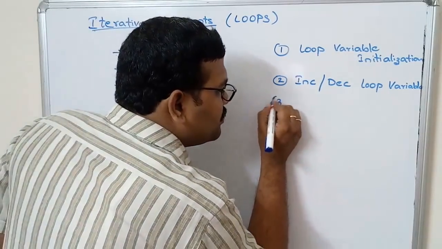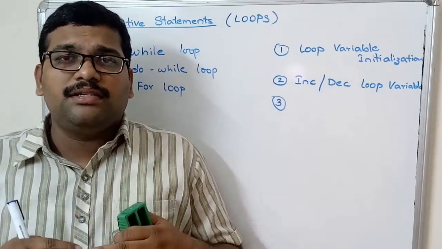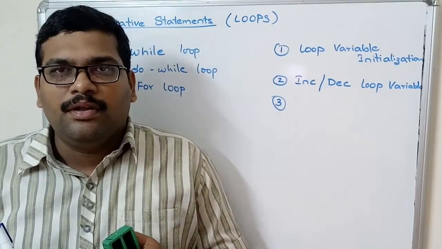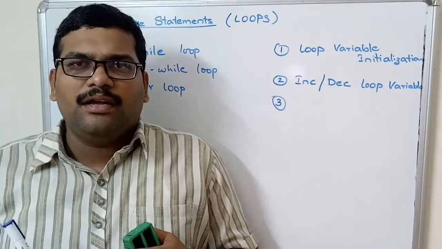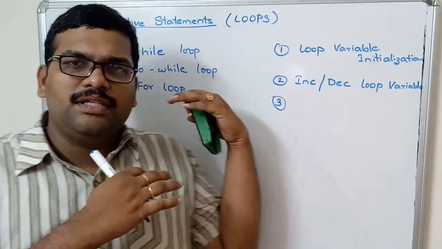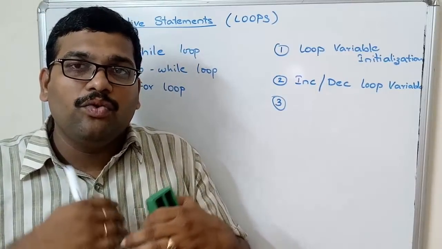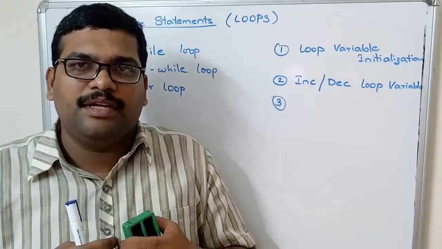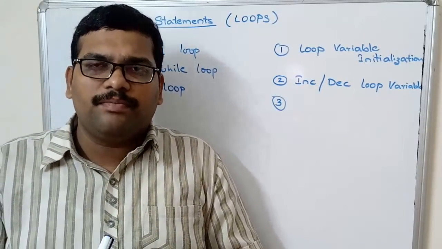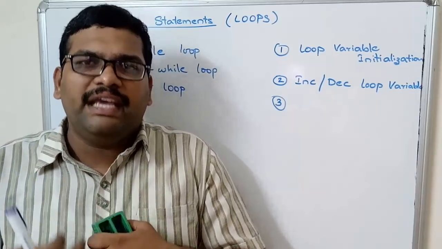And the third one is, the question is how many times these statements must execute. So there must be some termination for this execution. If there is no termination, automatically the loop will continue infinitely. That means the control never comes out of the loop. It will keep executing, that means it will go into an infinite loop.